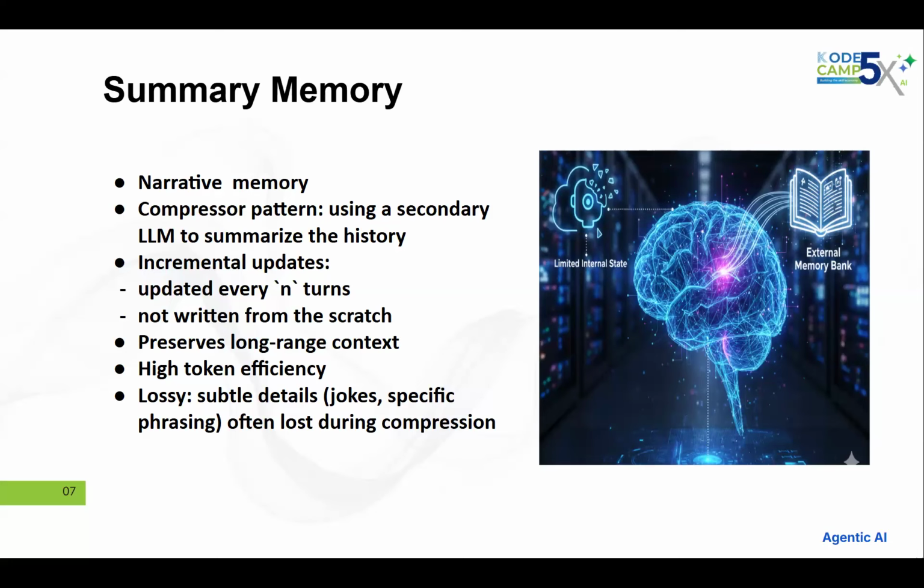If you're using buffer memory, for example, your buffer will fill up fast. And when your buffer fills up, you either stop storing history or you eject the older episodes to make space for the newer episodes, right?